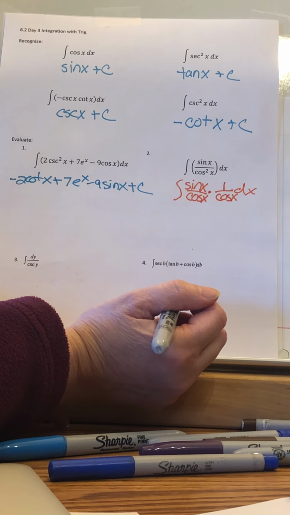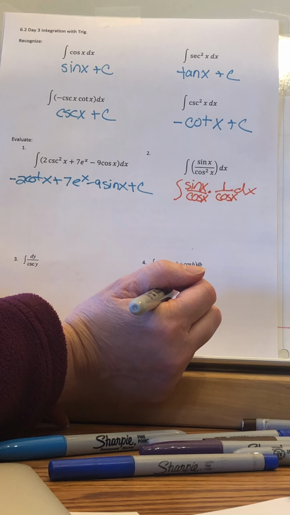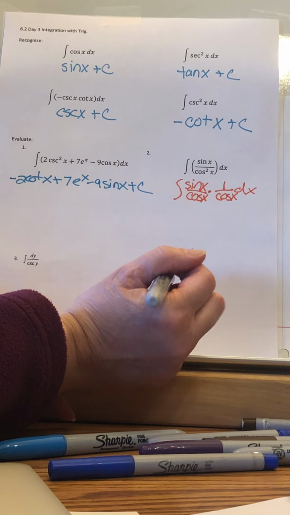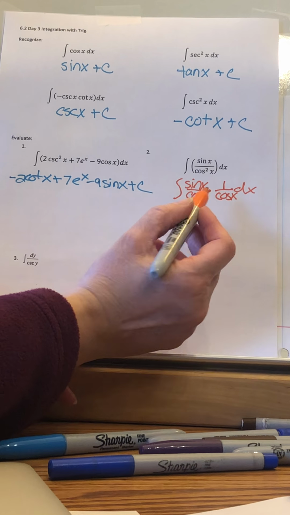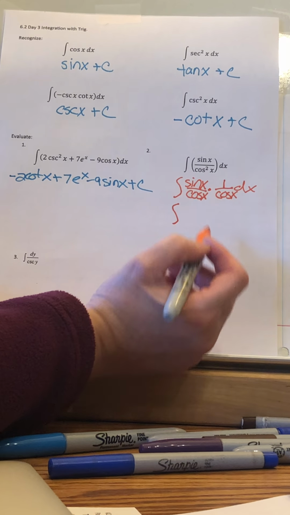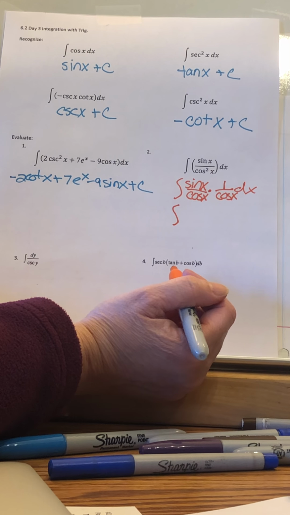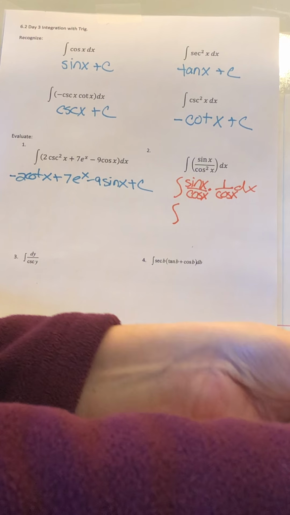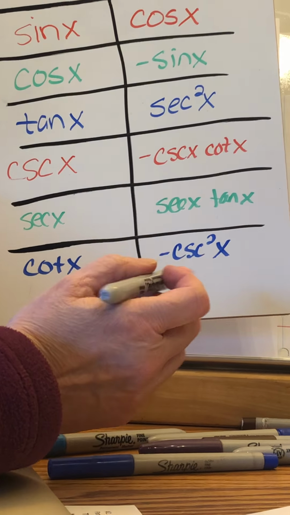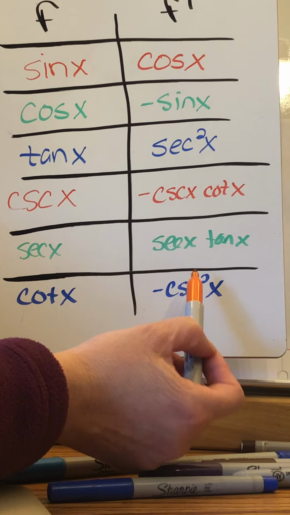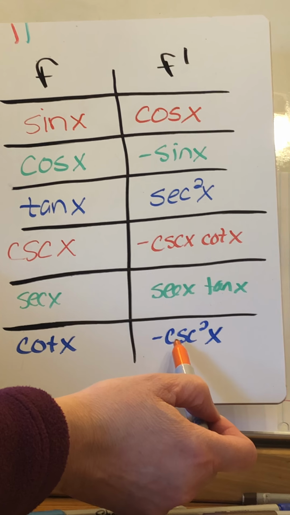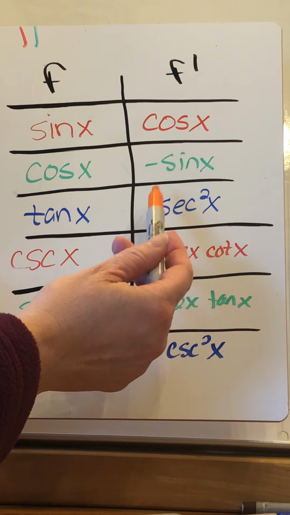Now if you notice, your trig derivatives are either one trig function or two trig functions multiplied together. So I'm strategically splitting it into a product of 2 because I notice 3 out of 6 trig functions, 4 out of 6 technically, are 2 trig functions being multiplied together. 2 of them happen to be the same thing.